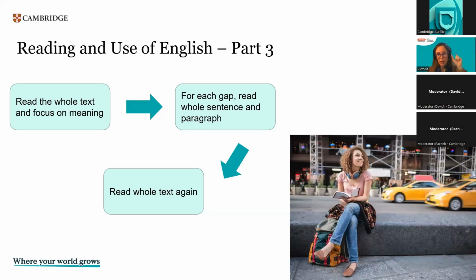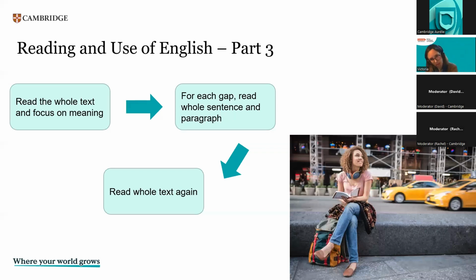Then, when we have read the text and we have an idea of what it is about, we can focus on each of the gaps. And for that, we will need to read the whole sentence and maybe the paragraph. So we will need to look at what comes before and after the gap.